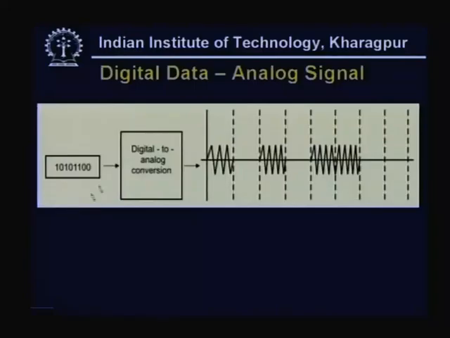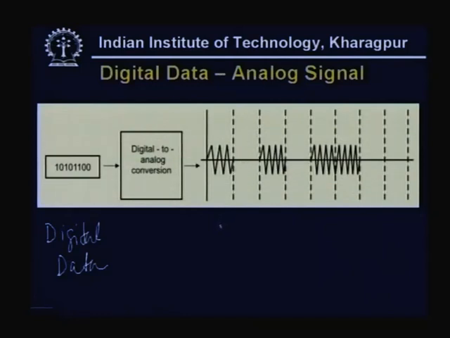So here we see we have got the digital data in terms of ones and zeros, which is converted into some signal. Then we get the analog signal. So you see here, according to this data, some modulation has been done to get the analog signal.